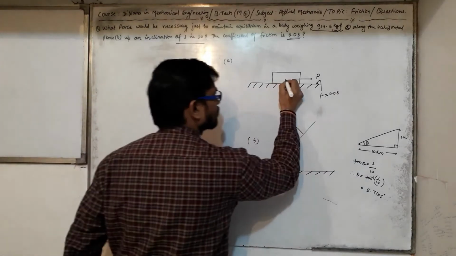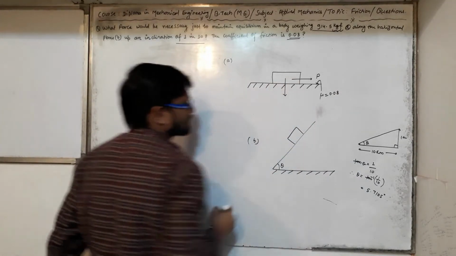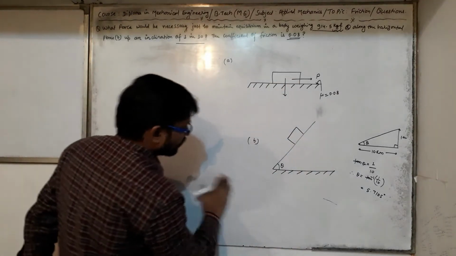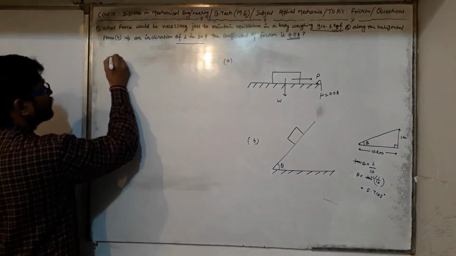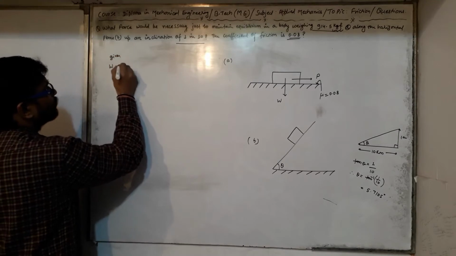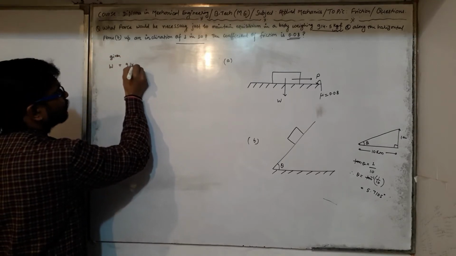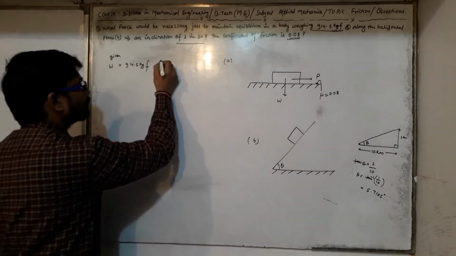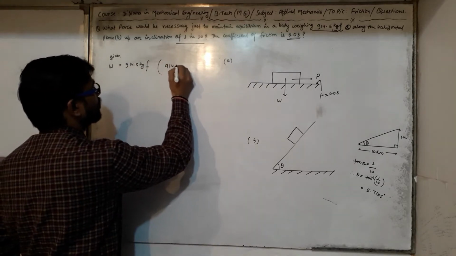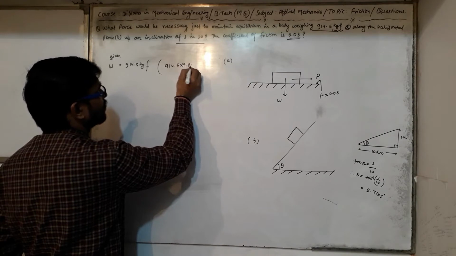Now weight is given, W is acting in the downward direction, as per the question. W is the weight of the body, 914.5 kg force. If you want to change, you can say 914.5 into 9.81 Newton.